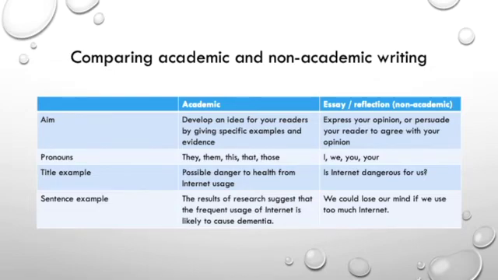Students, please stop the slide and compare the differences between academic and non-academic essay writing. The aim of an essay is usually to express your opinion so that you want the readers to agree with your opinion.